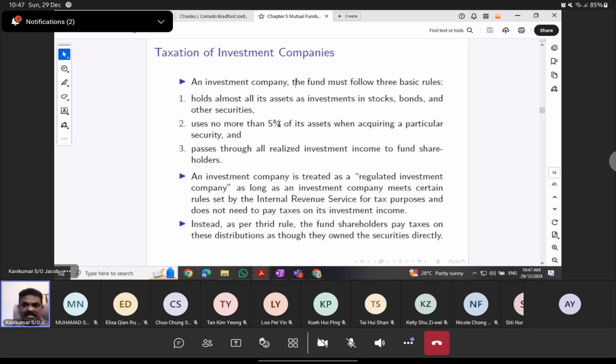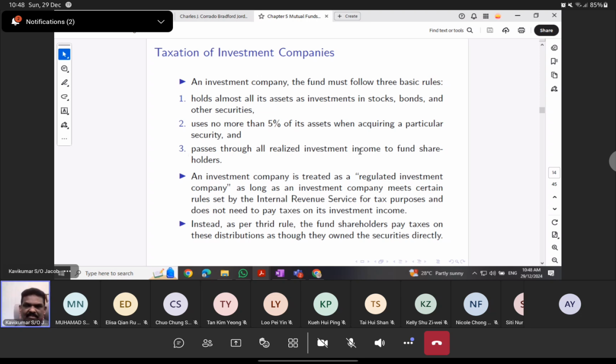For example, if the investment company is facing a money shortage, or they didn't receive the management fee on a periodic basis, they have the right to sell someone's asset, but they are allowed to use not more than 5%. They can take that 5% of assets and sell it in the market.